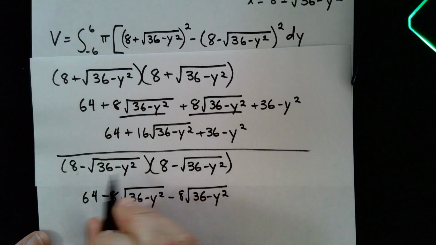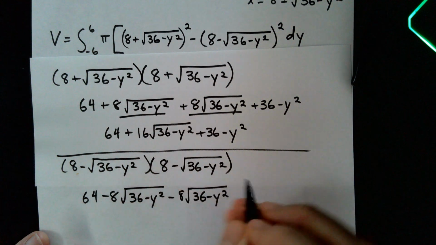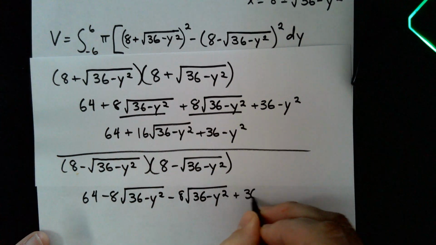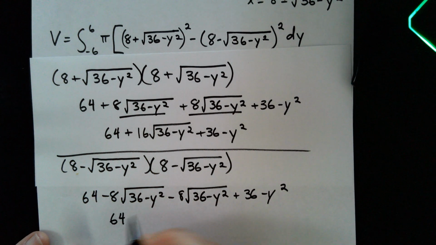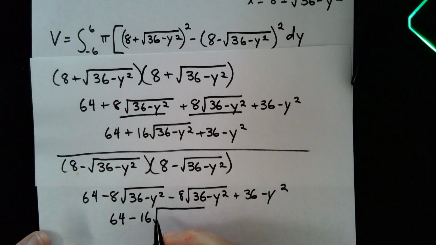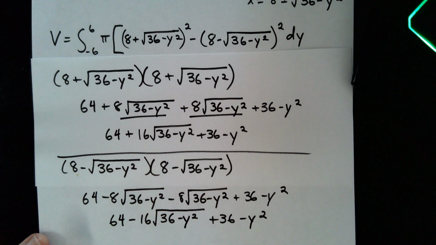And in the last term, negative times a negative is a positive, so the square roots go away and you still get 36 minus y squared. Combine like terms, you get 64 minus 16 square root of 36 minus y squared plus 36 minus y squared. That's the second one squared out.